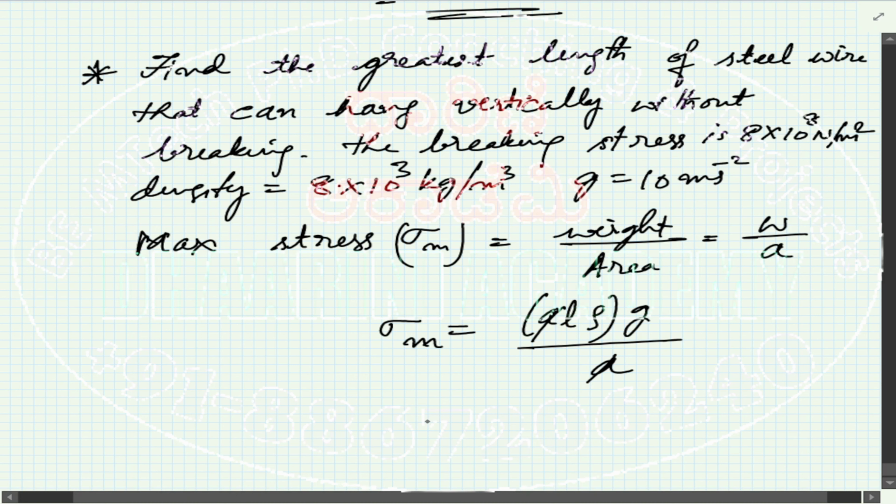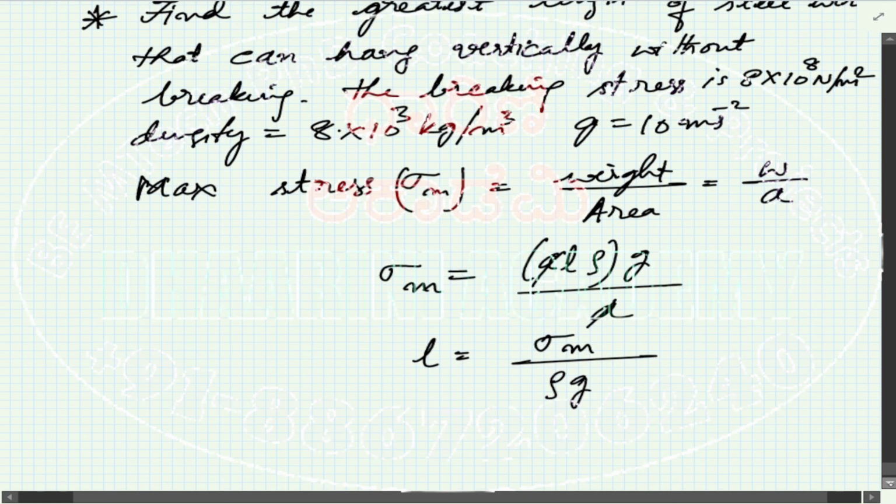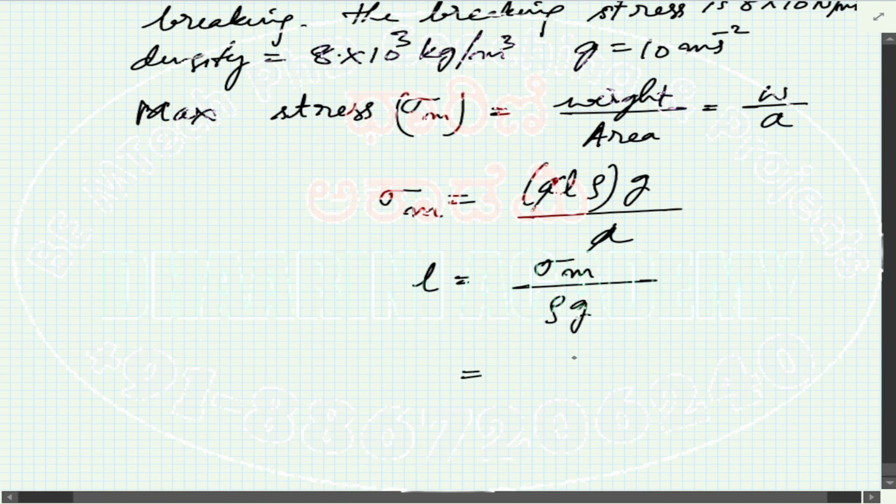So how do you calculate L now? So L is equal to sigma m divided by, we are left with only rho and g, so this is rho into g. So let us substitute the value. Therefore L is equal to sigma m is 8 into 10 to the 8 divided by rho is 8 into 10 to the 3 into g is 10.